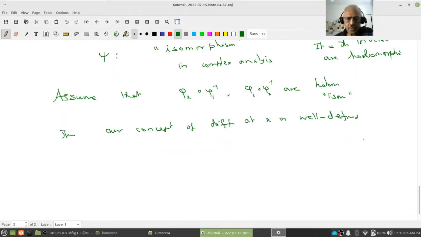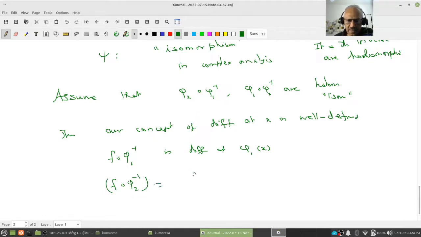Because if I look at f composite phi 1 inverse, it is differentiable at phi 1 of x, right? Now let's look at f composite phi 2 inverse.